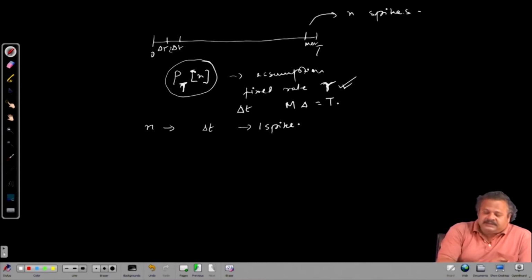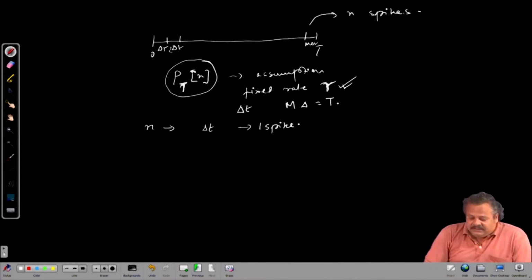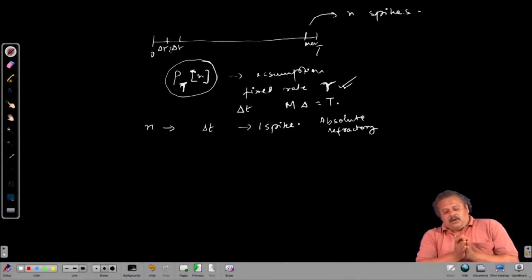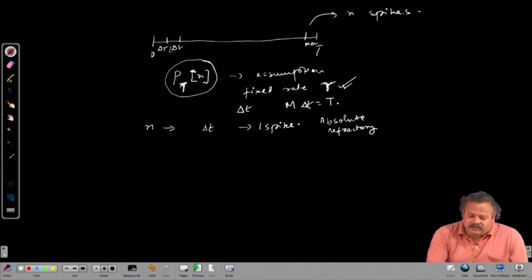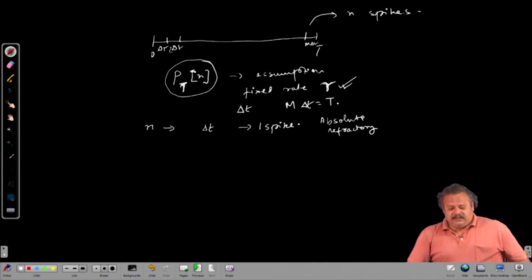Now, from our previous section, we know that there is such a delta T given by the absolute refractory period of a spike. After the neuron crosses threshold, the sodium channels get inactivated, and there is no possibility of producing an action potential within that time window. That naturally creates a delta T that allows only one spike, which is about a millisecond or so.